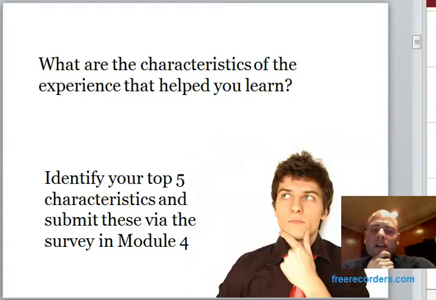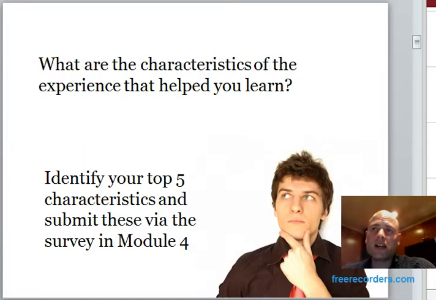Now that you've thought of that event, I want you to answer this next question. And the question is the second question on the first page of your handout, or the worksheets, I should say. The question is, what are the characteristics of the experience that helped you learn? What characterized that experience? Perhaps it was something that the facilitator did, something that the learning situation had explicitly put out there.